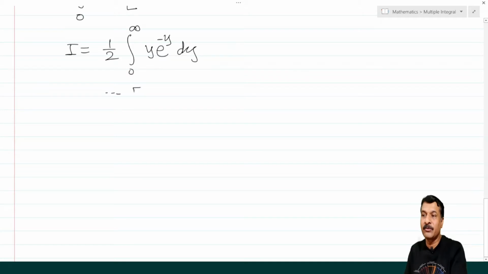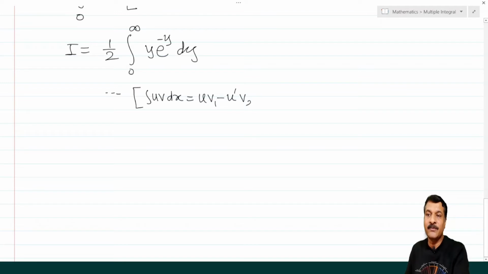The integration of u into v dx equals first constant, integration of second, minus derivative of first, integration of second twice, plus, with the derivative increasing by 1 and the integration increasing by 1, with alternate signs. So the integration increases by 1 and the derivative increases by 1.